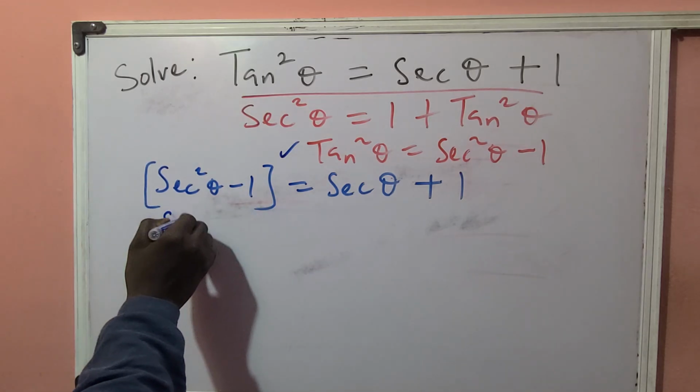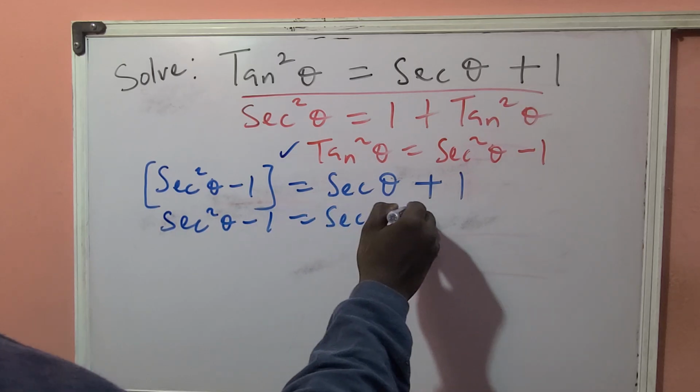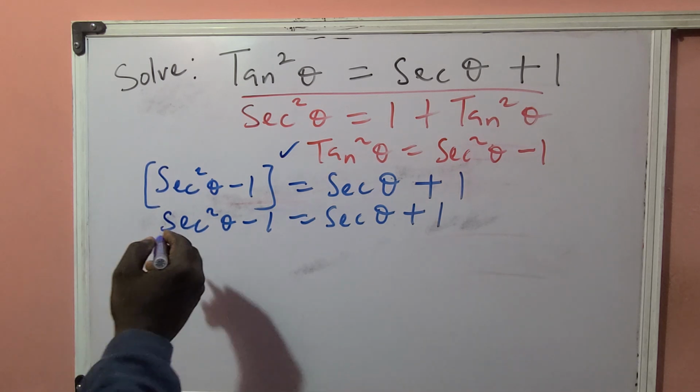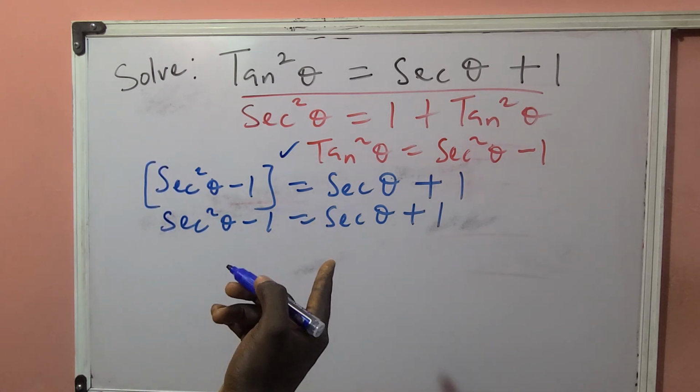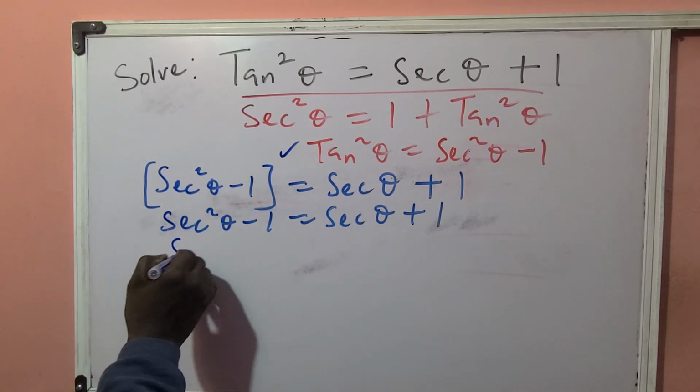So I can go on to open my bracket here. Then what I have to do next is to collect the like terms. I want to bring the trigonometry functions to the left-hand side and the constant values to the right-hand side. Actually, I'll bring everything to the left-hand side because one of the things I'm seeing now is that this is taking a quadratic equation form, so I would love to have every one of them on one side.